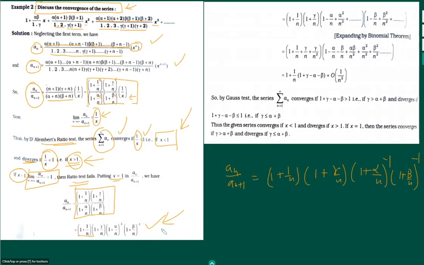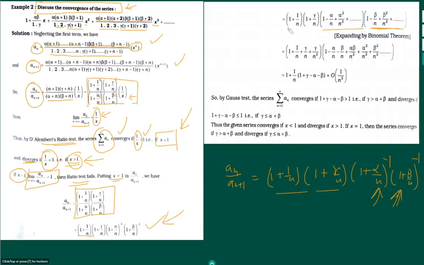This is an over an plus 1, and now you expand these using the binomial theorem: 1 minus alpha over n plus alpha square over n square, and 1 minus beta over n plus beta square over n square.